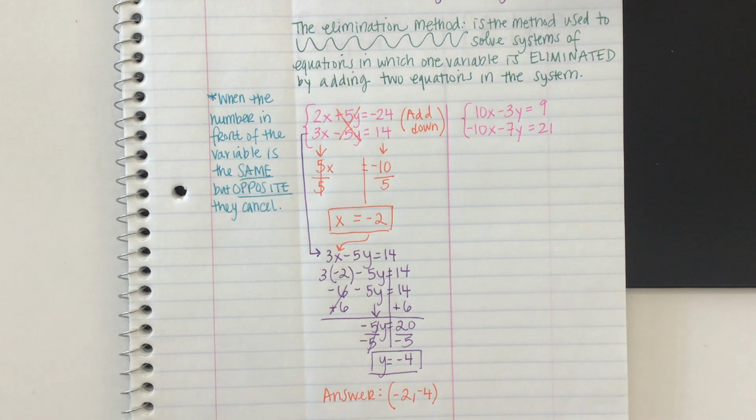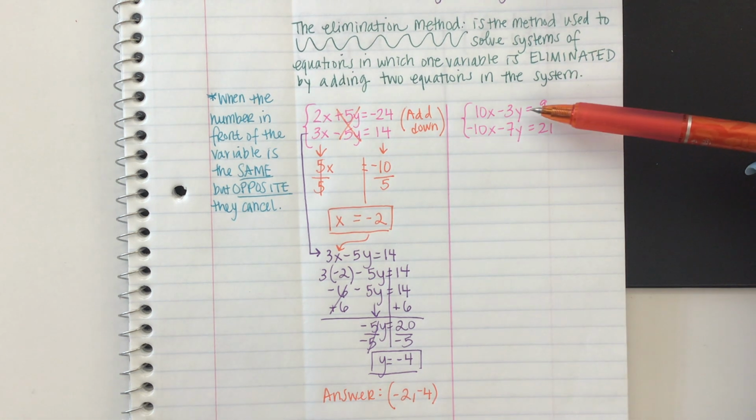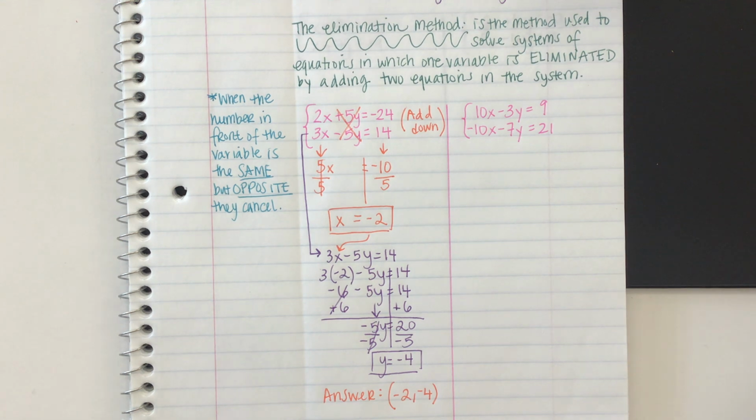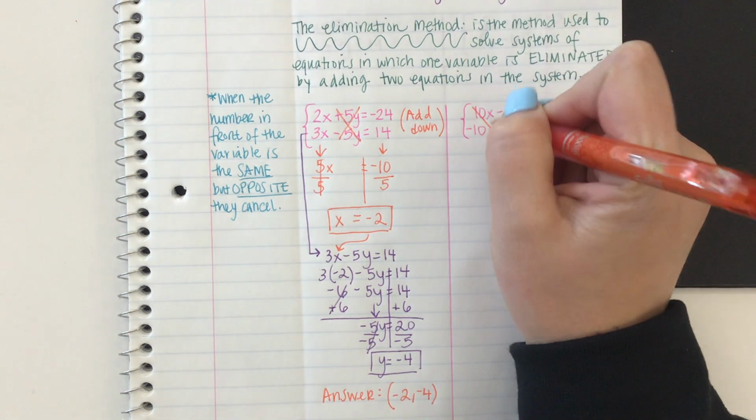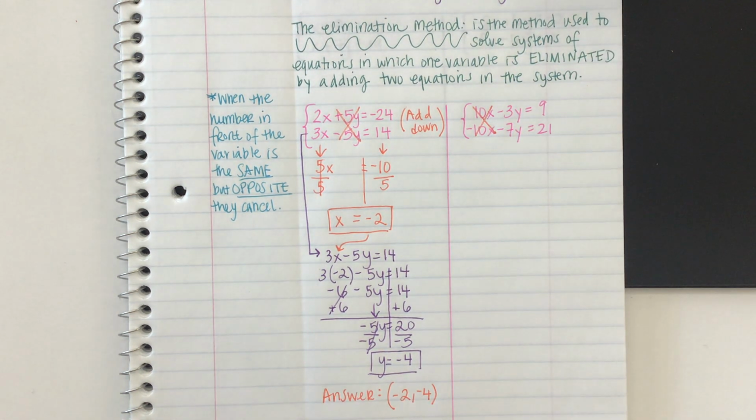So looking at our second example, 10x minus 3y is equal to 9, and negative 10x minus 7y is equal to 21. So I notice that I have a number in front of the variable that's the same but opposite, and that's 10 and negative 10. So I can go ahead and cancel that out.